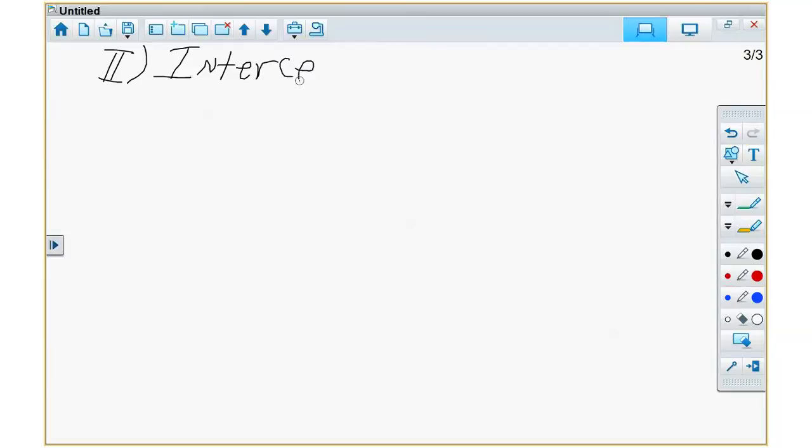Some of the directions you're going to see are graph using the X and Y intercept, and graph using intercepts. You need to put that in your handout sheet.